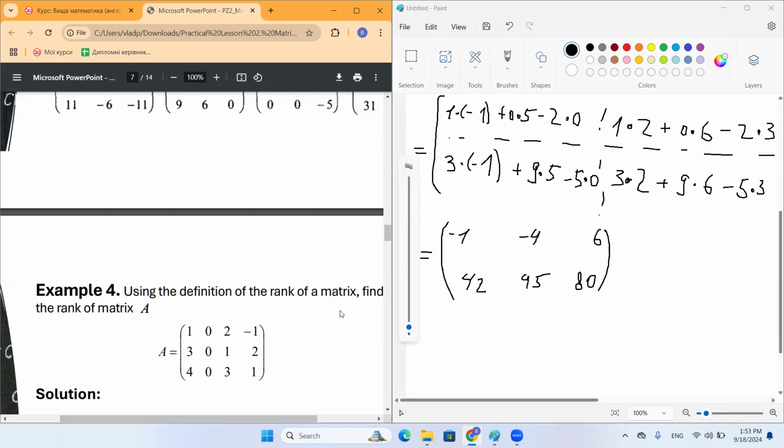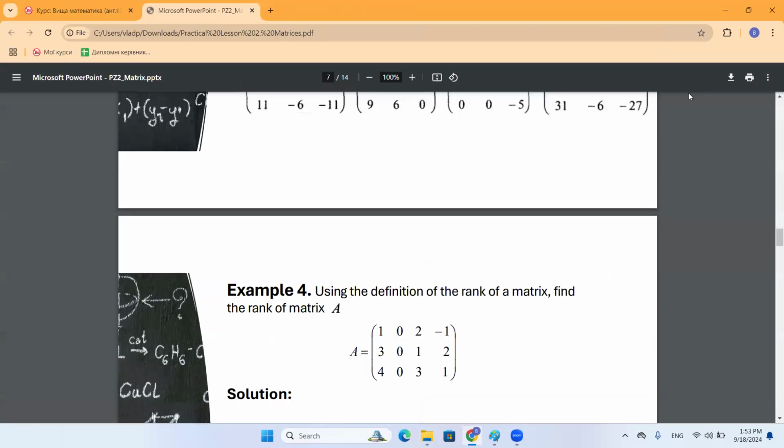Okay, so now we are going to check minors of each order, starting from the minor of the first order. This is a non-zero matrix.